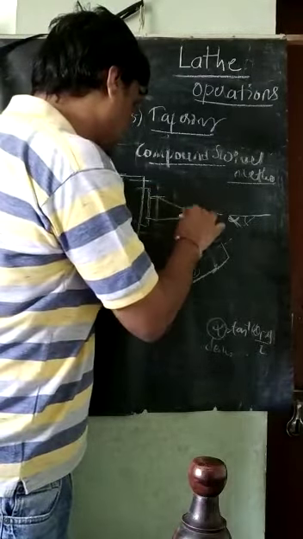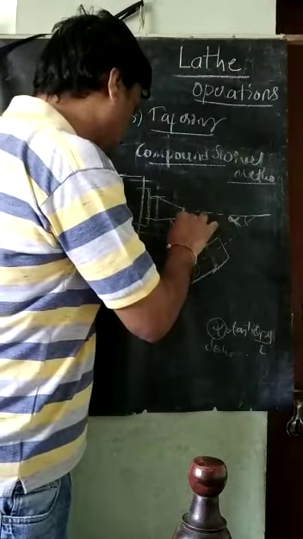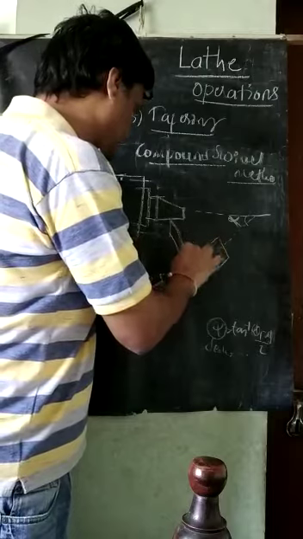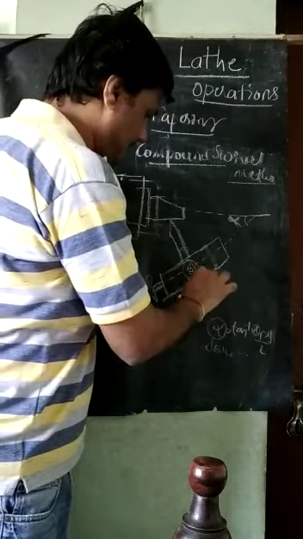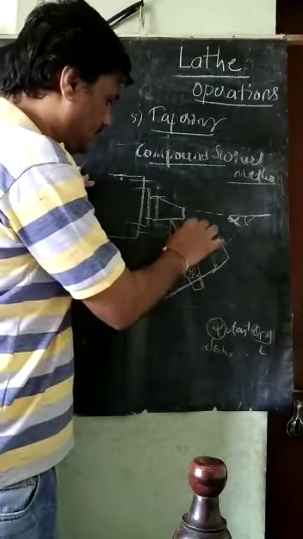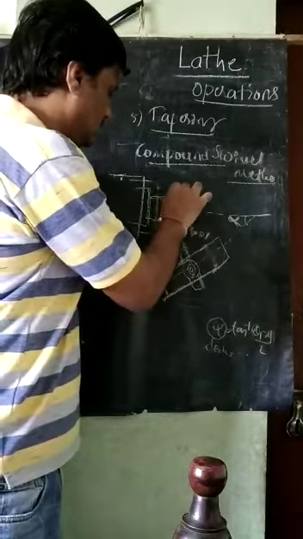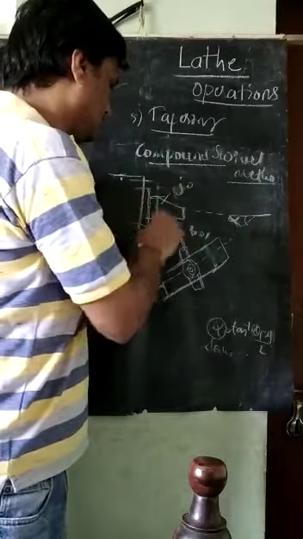This is a taper operation here. This is a tool here. The tool is fitted here by the nuts. This is a workpiece or a job. This is a taper section in this case.